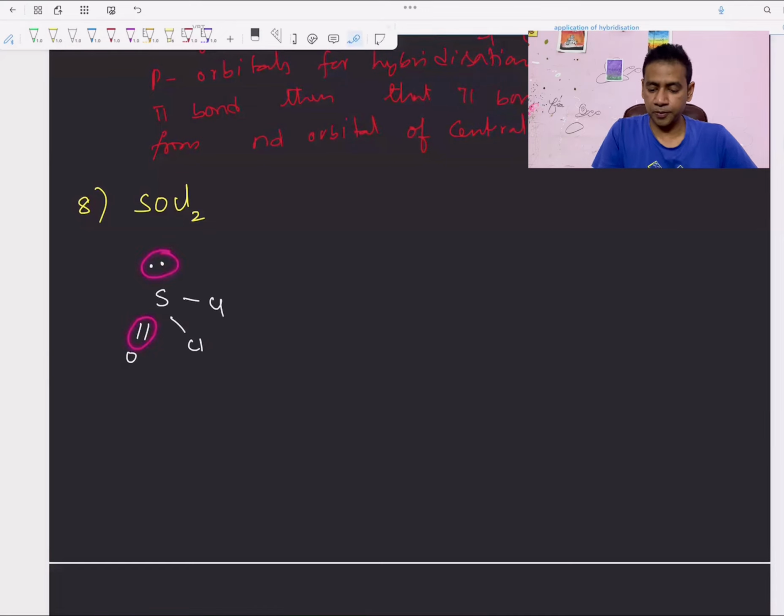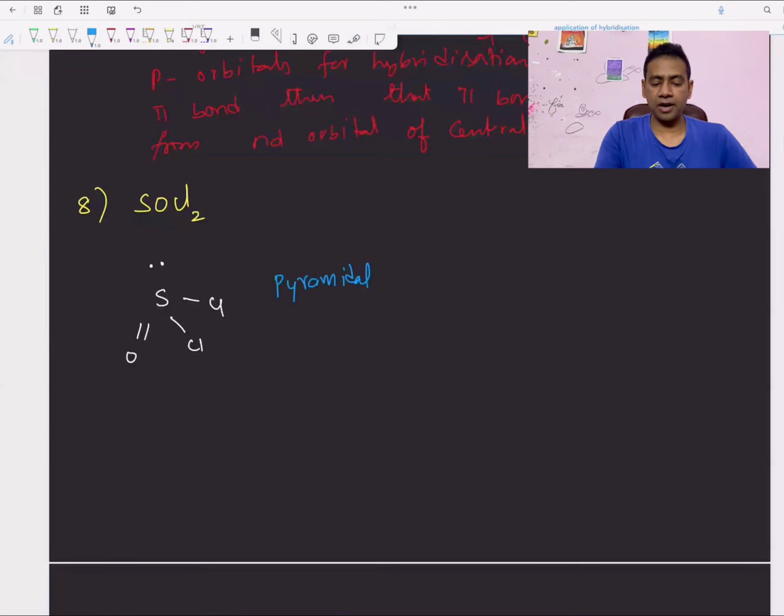According to VSEPR, 4 electronic domains should lead to tetrahedral, but among them one domain is a lone pair, and another is a double bond, so the bonded electronic domains are also not identical. Therefore this is pyramidal, but not a regular pyramidal.